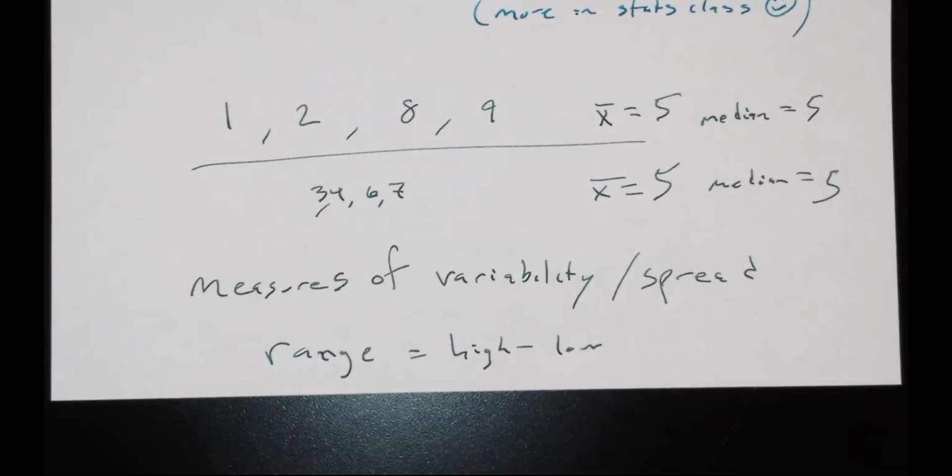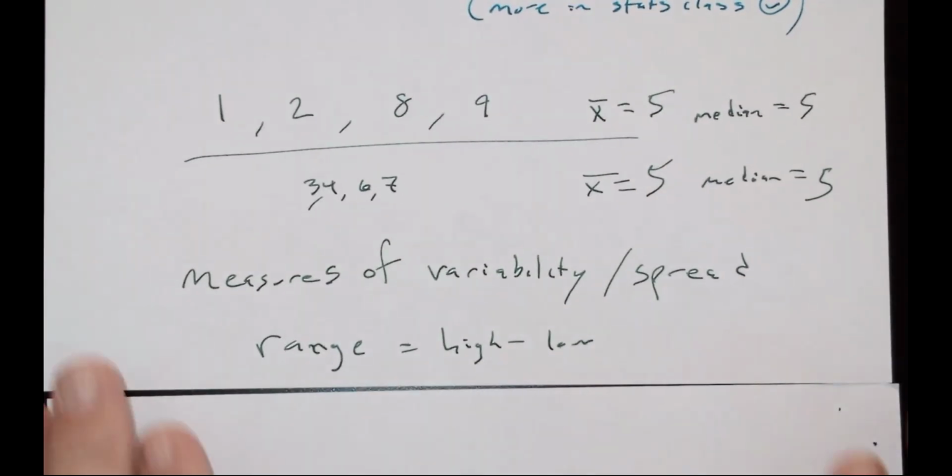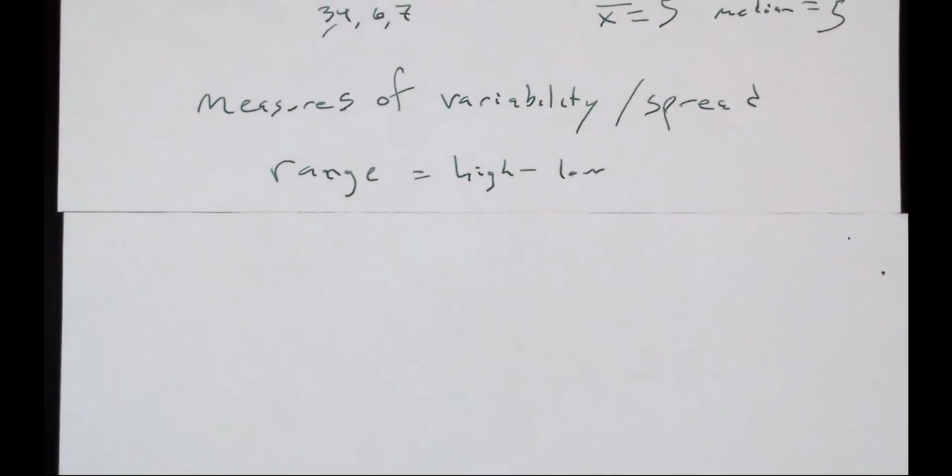So, if I'm going to use something that gives me more information, I'm going to need to tie my measure of spread to my measure of center. Depending on whether I am dealing with means or medians, the process for finding spread is different. In median, we are dealing with things in order.